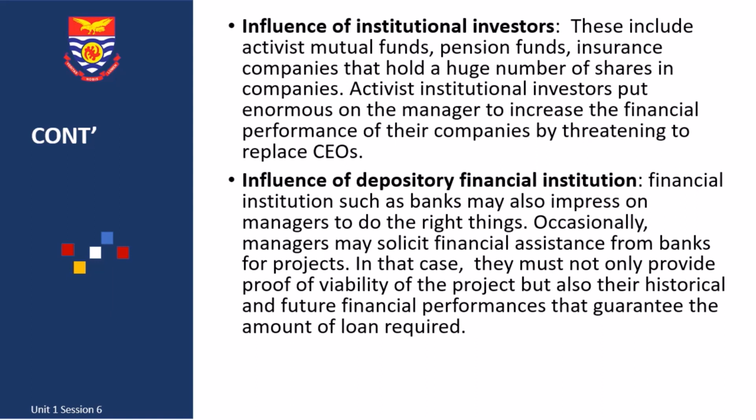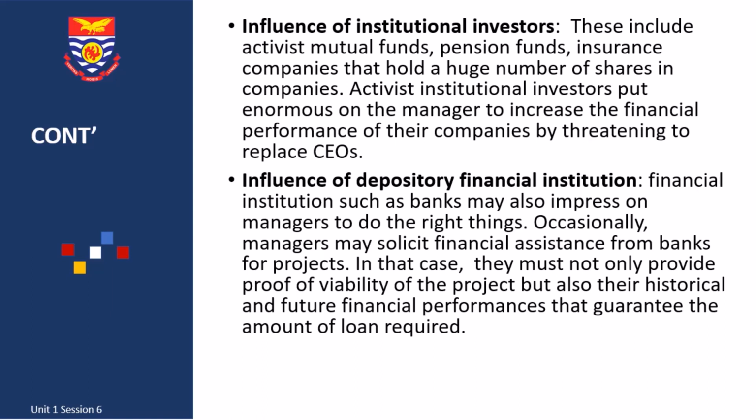Whatever they say goes, and they can threaten to replace you if you don't do your work well. So work for us, and we maintain you. That is what they do. It is another way of mitigating agency problem.